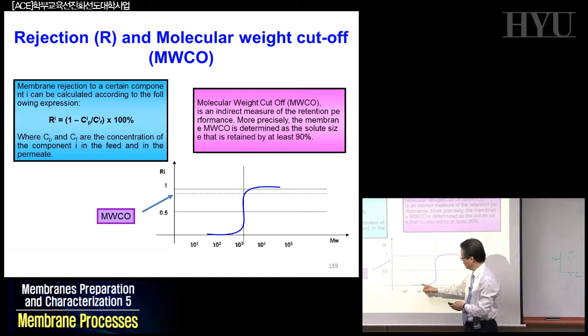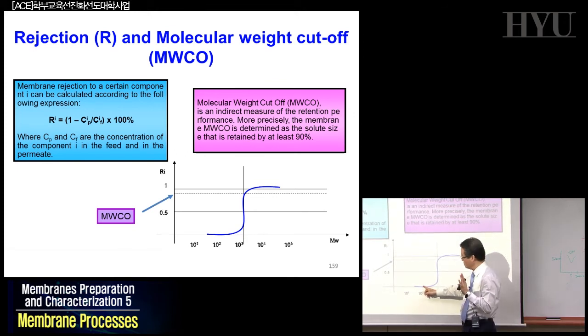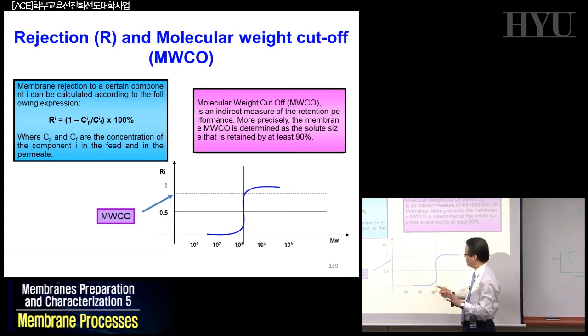So at this point, you do not have any rejection, meaning that you feed your concentration of 0.1%, and it comes through the permeate, and you can obtain the 0.1% as well. So it will be canceled out. This should be 1, so R is equal to 0. So if you have a smaller sample, in molecular weight or diameter, then you do not have any rejection. If you have 1,000, then you feed, and the rejection is let's say about 20%.